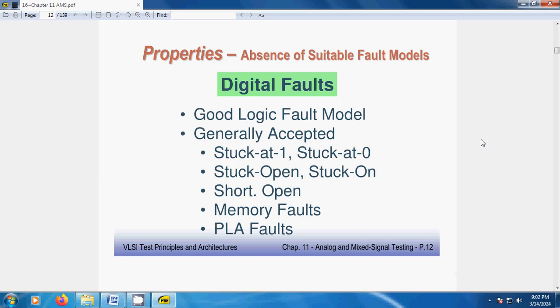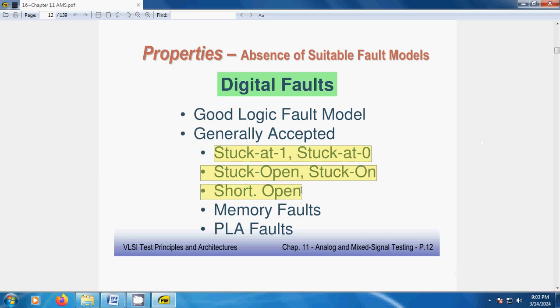For example, stuck at 0, stuck at 1, stuck open, short open, these first types of faults are normally used for combinational circuits alone. Next, if you go for memory faults, you have different types, for identifying the fault in either RAM or ROM.